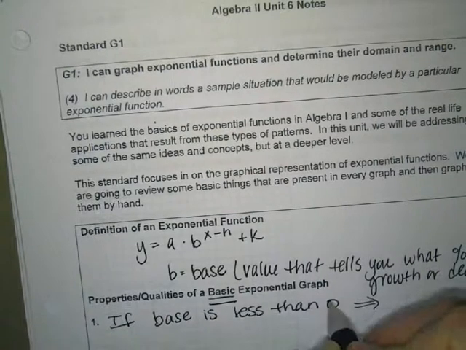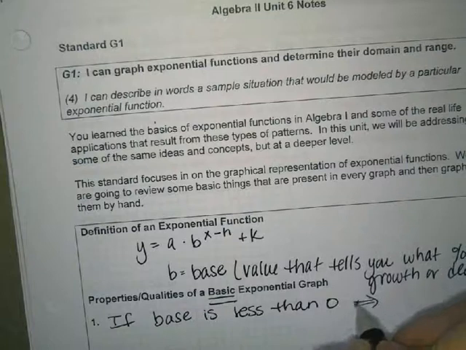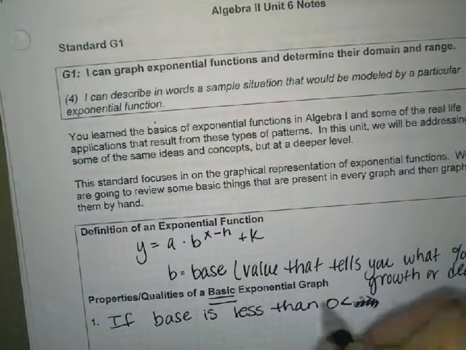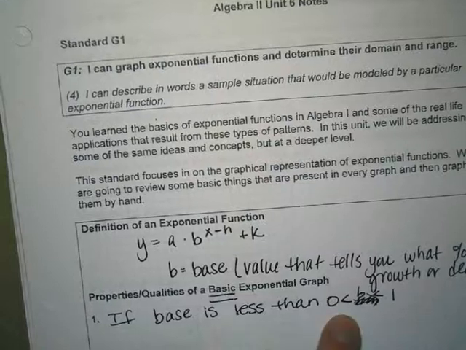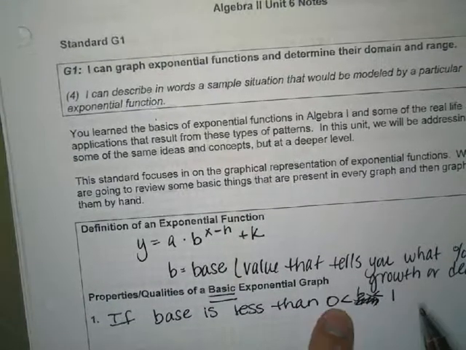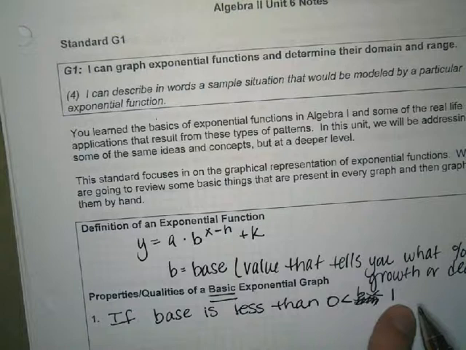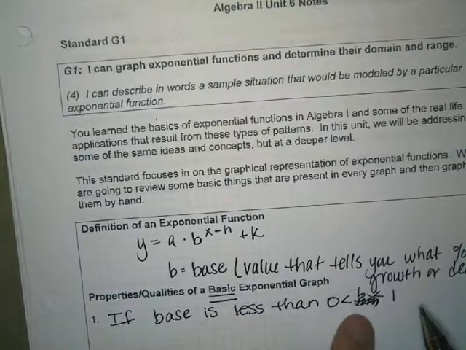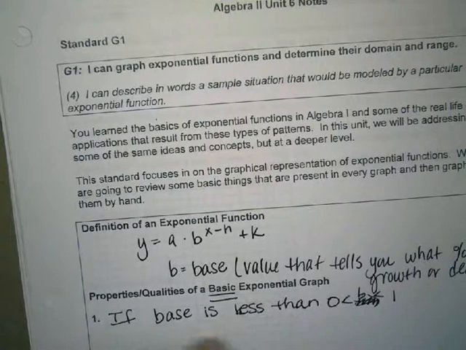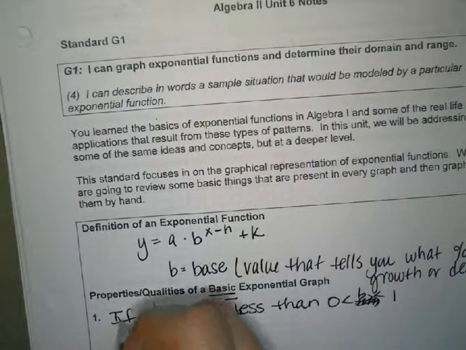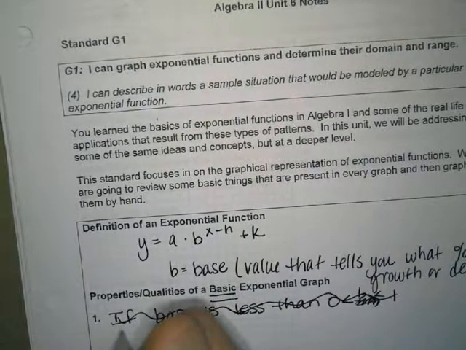If it's less than 1 but greater than 0. It can't be less than 0. So let's draw it like that. I feel like I need to rephrase that whole thing. Scratch that out. Okay, let me try.